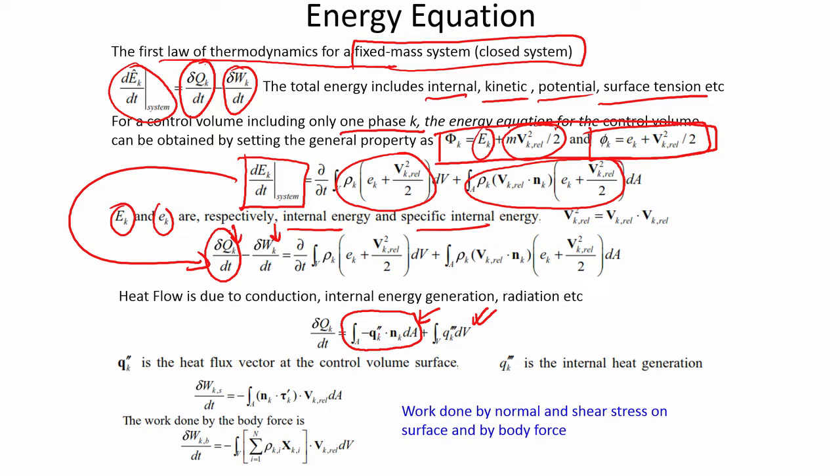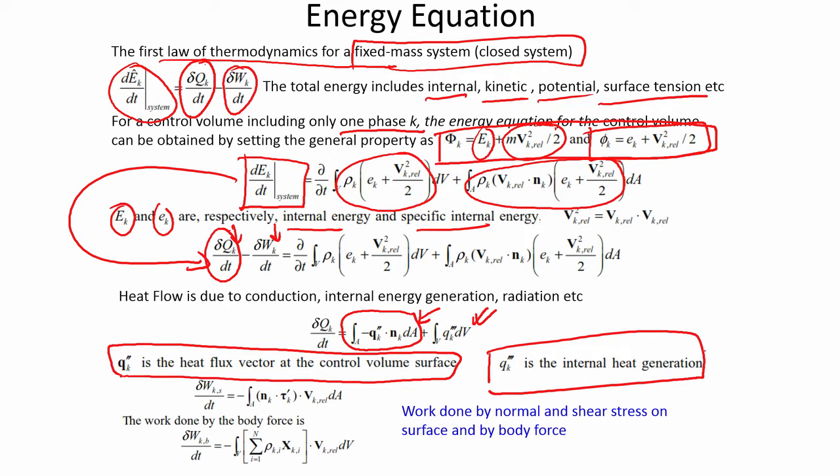So, this q k double prime into n k dA is nothing but the conductive heat flux vector at the control volume surface, and q k triple prime is nothing but the internal heat generation. In the case of the work term, this work term is nothing but the work done by the normal and the shear stress and by the body force.